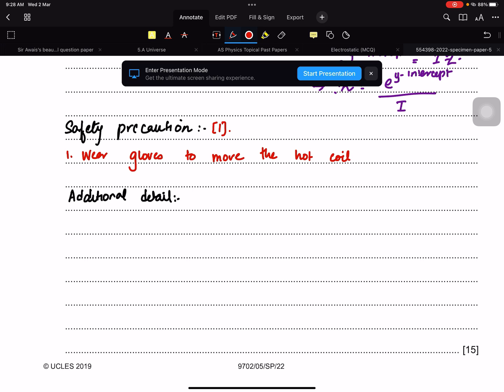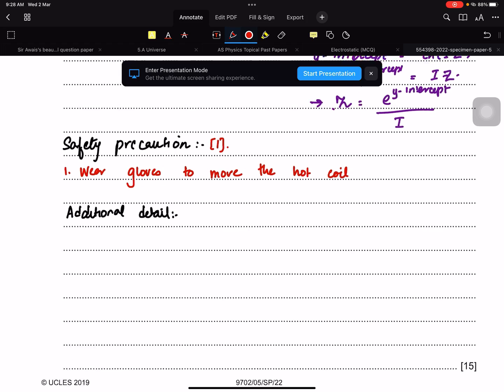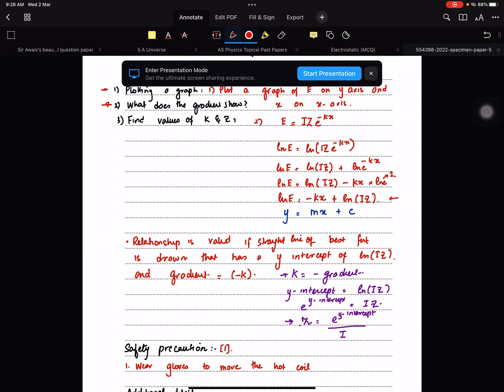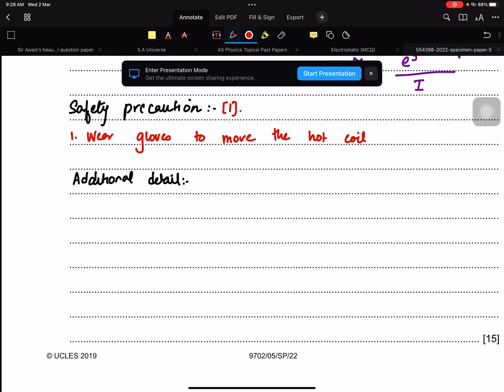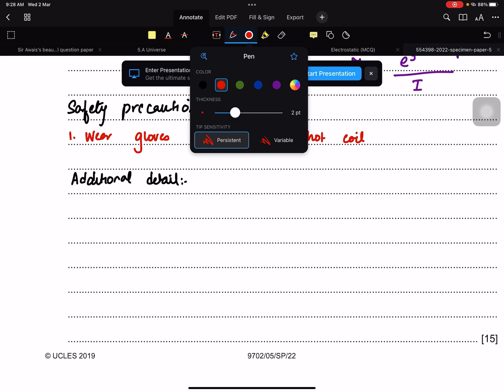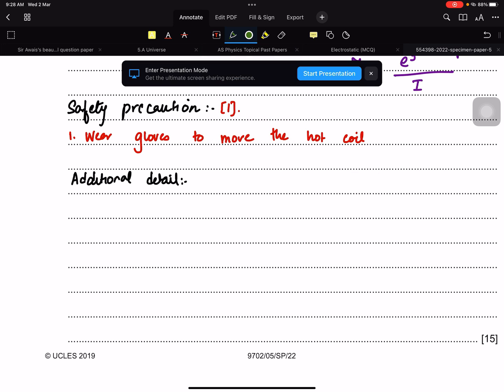The more additional details you write, the better it is. And sometimes the additional details you already written in the paper, like doing this whole thing is an additional detail. So if I proved that the y-intercept is equal to IC, it means that I already got 1 mark. But I still suggest that because there is no negative marking, no matter how many additional details are there, you please write extra in this.